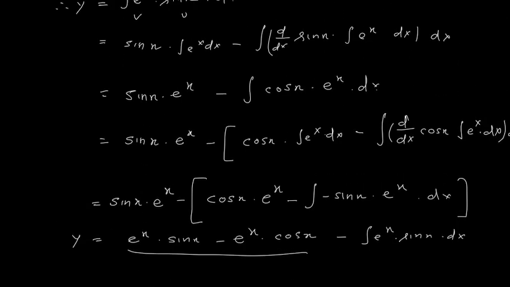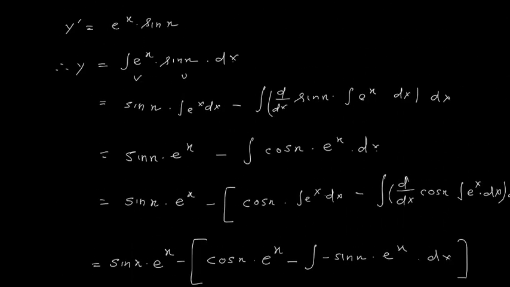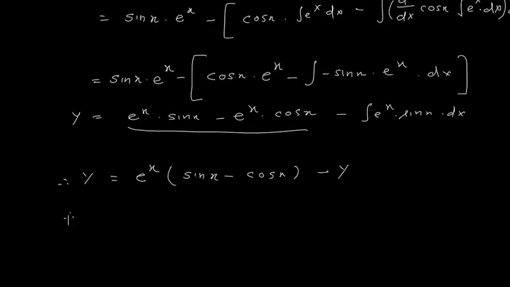Of course, as we are integrating, we will use plus c, the constant of integration. Now this minus y will come on the left. I have 2y is equal to e^x (sin x minus cos x) plus c.